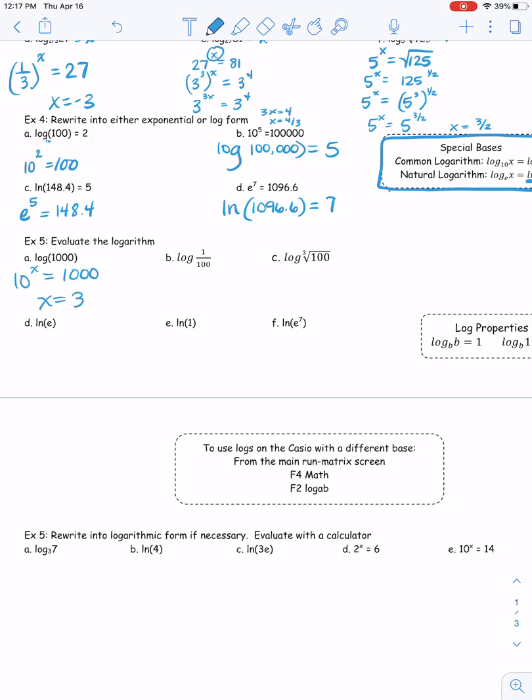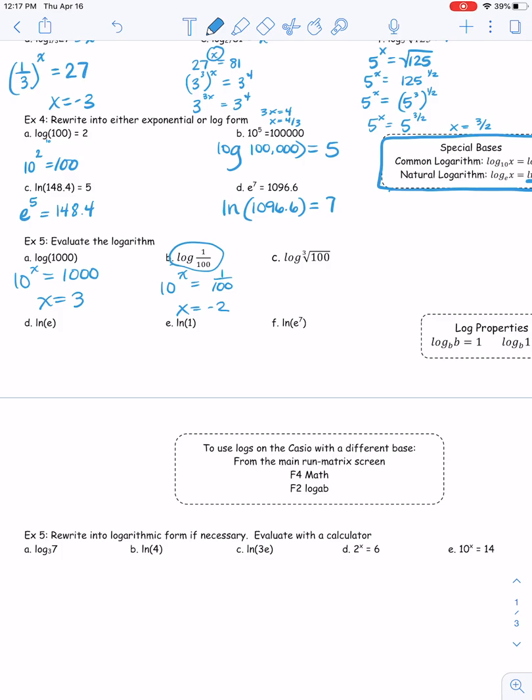In the second problem, my base is 10. I don't know what my exponent is, but my argument is 1 over 100. So that means x is going to be -2. Really, there's no x in your problem, so you wouldn't want to leave your final answer as x equals -2 because there is no x in this problem.